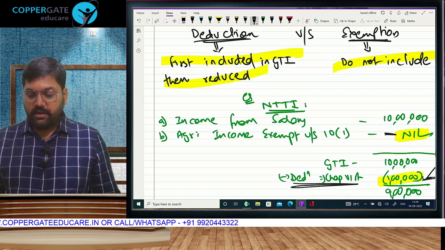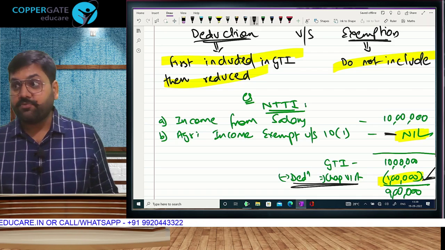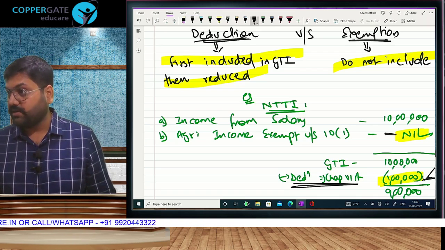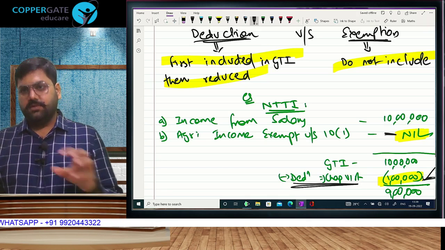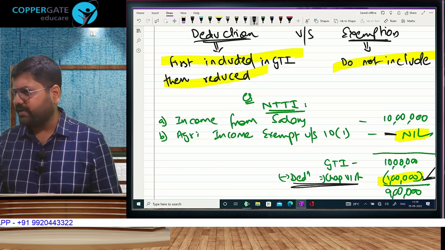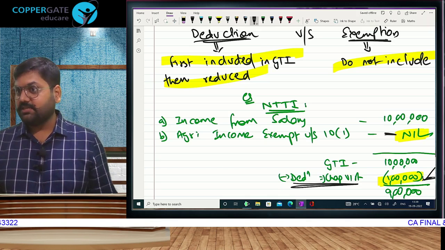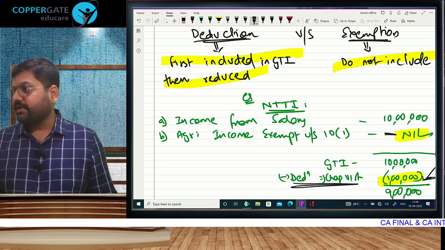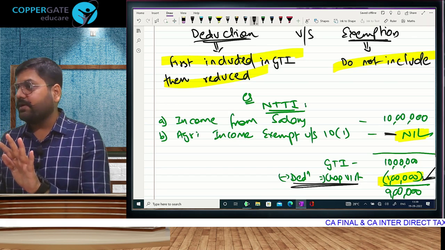Second, exemption is for how much time? I asked you this and you have already answered. Forever. Deduction: some sections don't specify till which date. But in some sections they write that this deduction will be available only for 5 years. So 5 years you can take it.